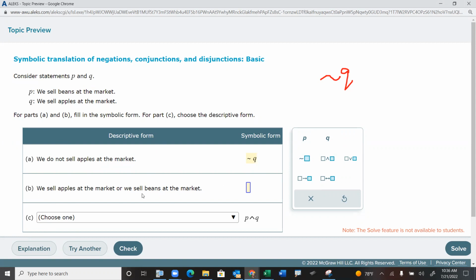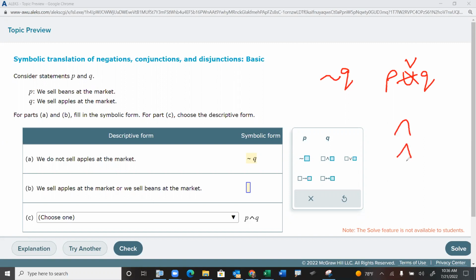Part B: we sell apples at the market, or we sell beans at the market. Remember once upon a time we said that when you see "or," you use a union symbol. Here we're going to use something real similar: a V. And instead of intersection, you use that.